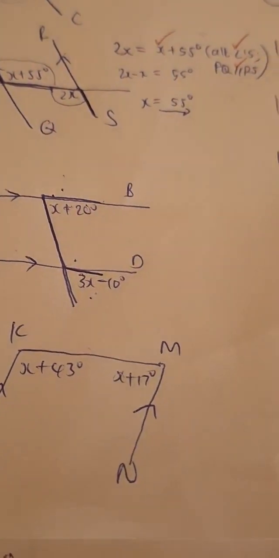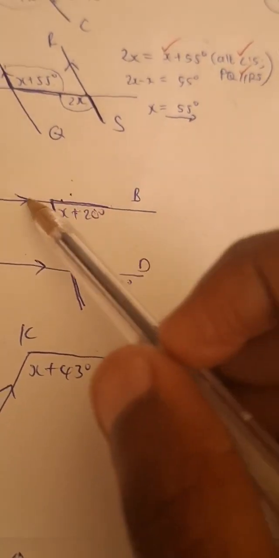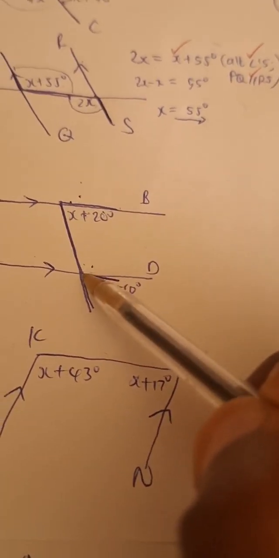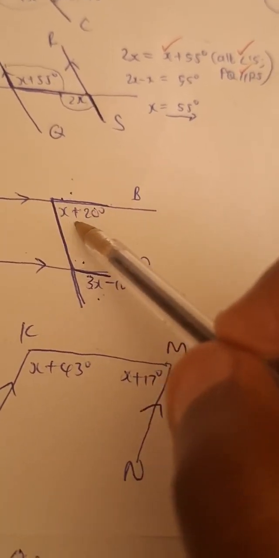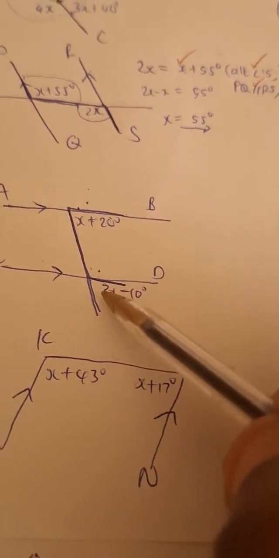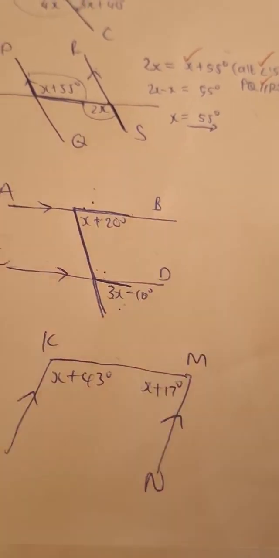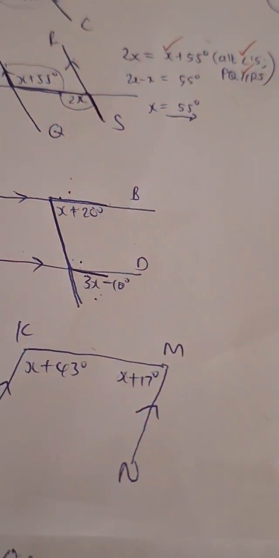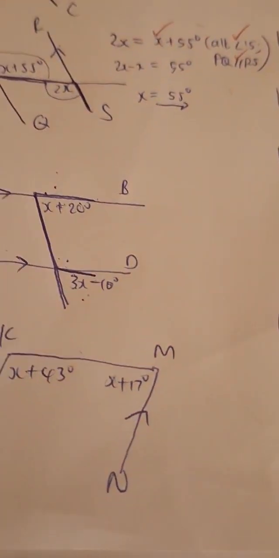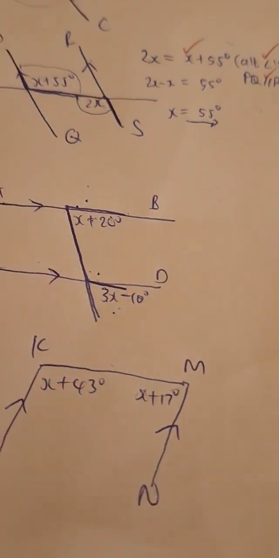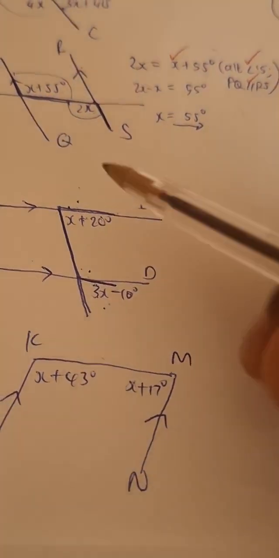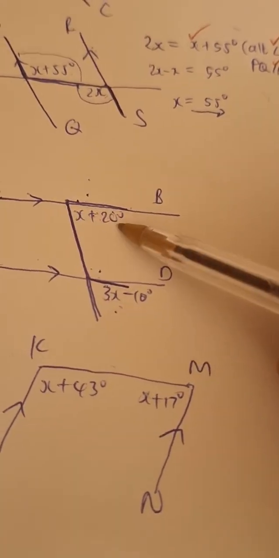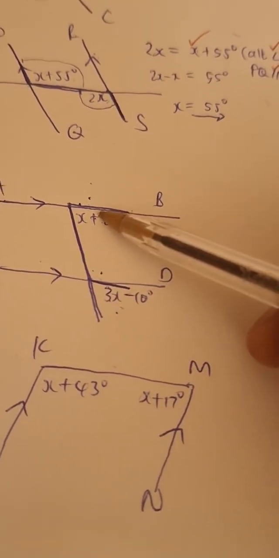It is not U shape, because remember, U shape must be angles within the parallel lines. Here we have angles at the bottom of one parallel line, bottom of the other parallel line. That's why I call them corresponding angles, bottom, bottom, equal. If there was top, top, we'd say also equal. F only has to do with bottom of this line, bottom of that line, on the same side of the transversal line, corresponding.